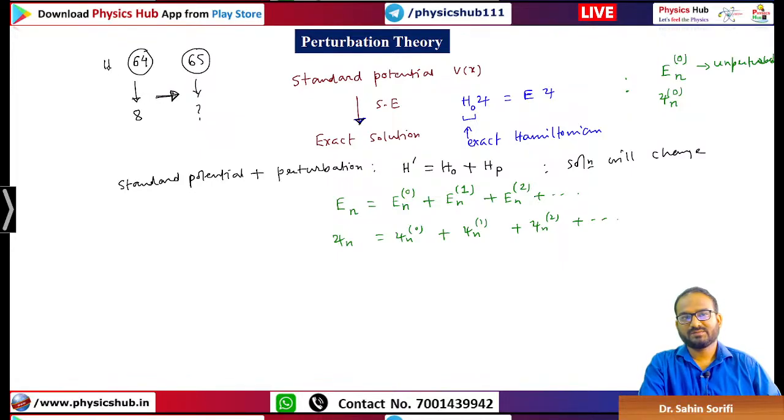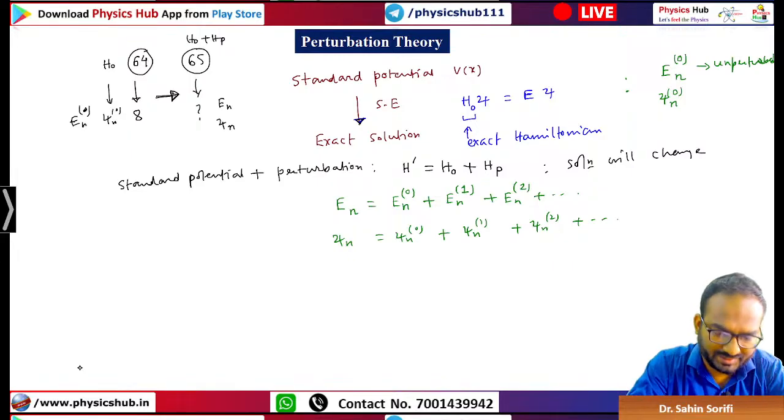You know the exact Hamiltonian, you know the solution. Now, if this is a little bit deviated, some extra added term is there, then what kind of change you will expect in the energy eigenvalue and eigenfunction. This is the core idea of perturbation theory.